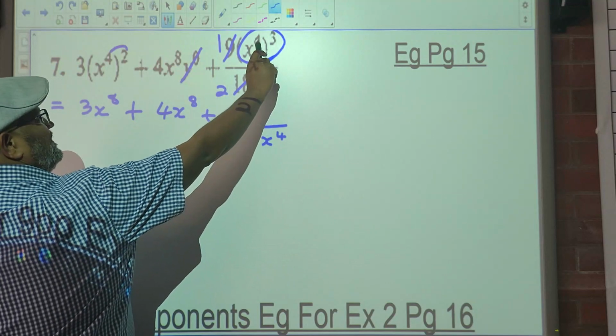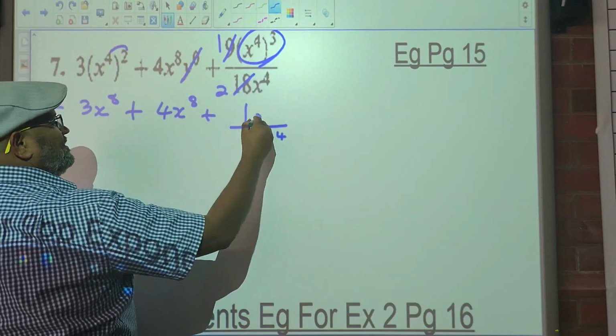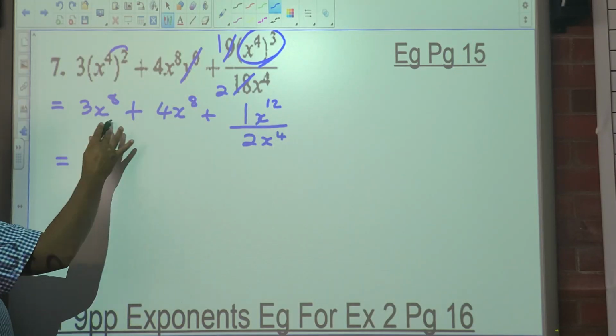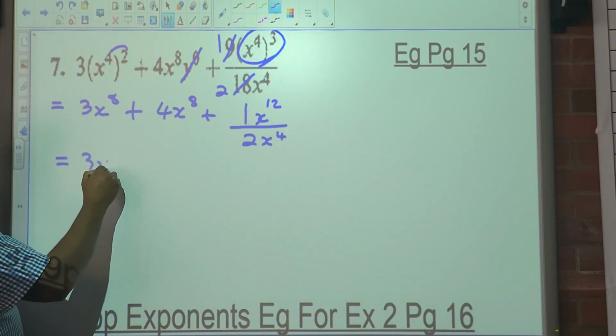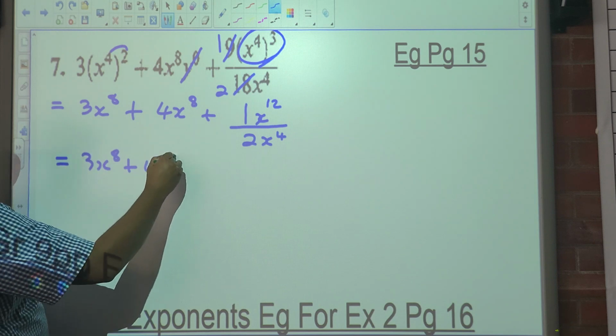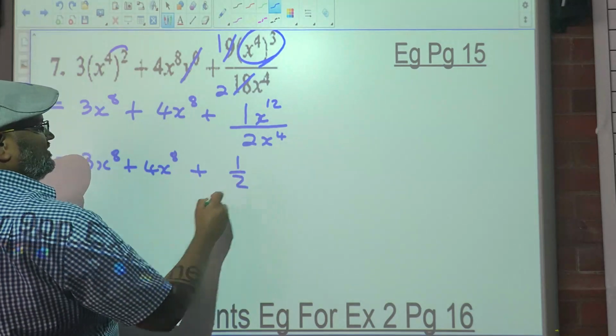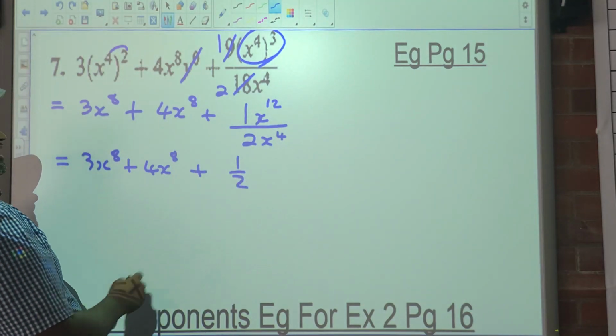So x to the power 4 raised to the 3 would be x to the exponent 12. So that would be 3x to the 8 plus 4x to the 8. I could have added like terms here at this point if you wanted. Plus, where is there more x's? On top.